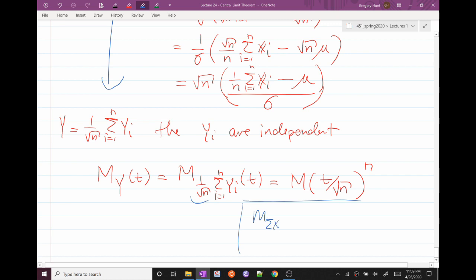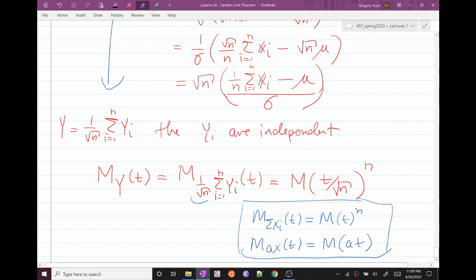The MGF of the sum of the x sub i at t is m of t to the n, if these x sub i are independent, and the MGF of a times some x at t is m at a t. Right, so these are our two facts, if we go back to our lectures on MGFs. Okay, so we're getting somewhere.